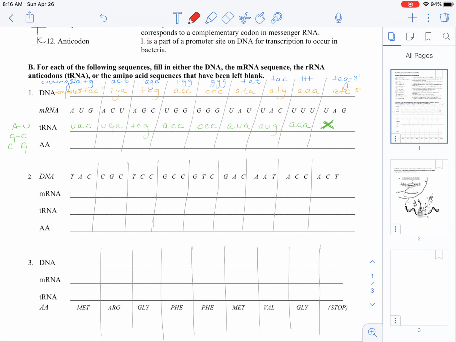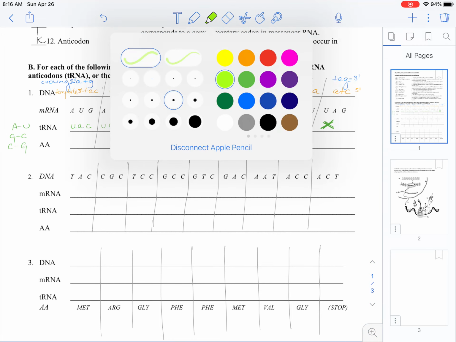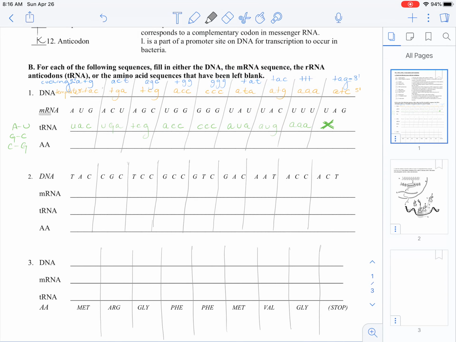Remember that when we are determining the sequence of amino acids, it is determined by the sequences that we have in the mRNA. And I highlight, as you can see, in gray. So we are going to be paying attention to these 3-letter sequences that I underline in gray to determine the amino acids that are going to be present in this structure.